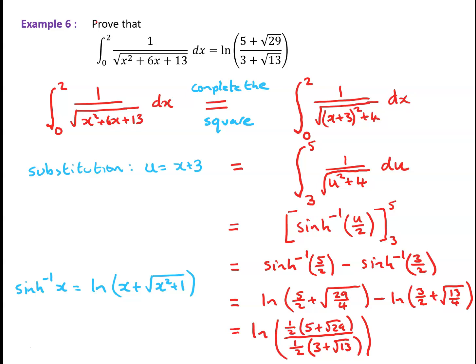So we've got the natural logarithm of a half of (5 plus root 29) divided by a half of (3 plus root 13). The halves clearly cancel, which gives me the required answer.